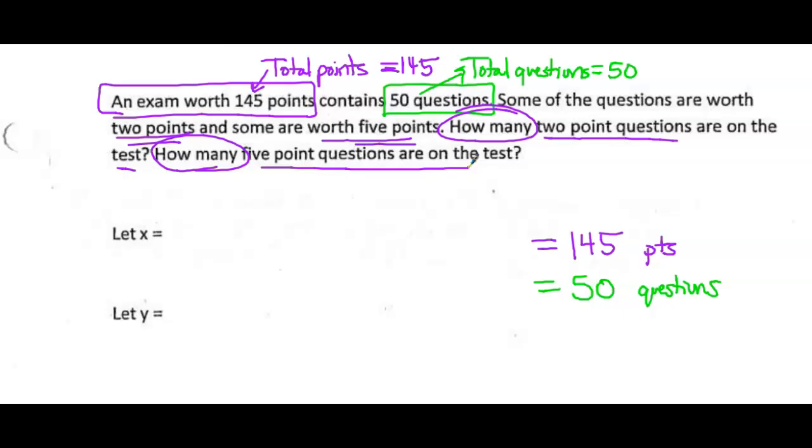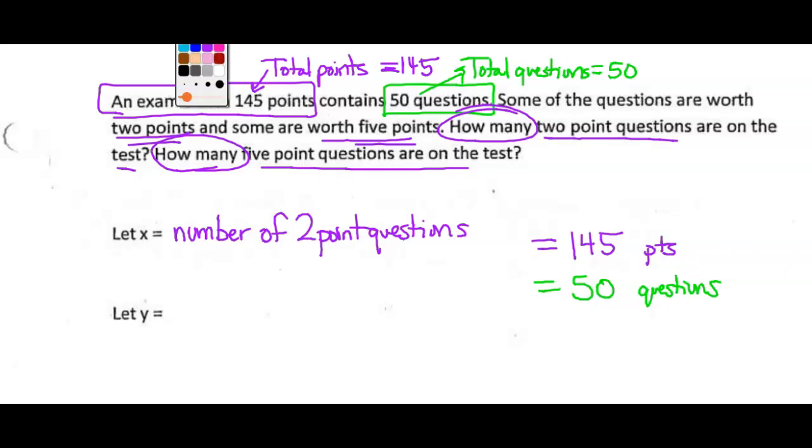So I'm going to go over here and where it says let x equals, I'm going to write number of 2-point questions. Now some of you might want to just write 2-point questions. No, make sure you have a phrase that is measurable. This is the number of 2-point questions.